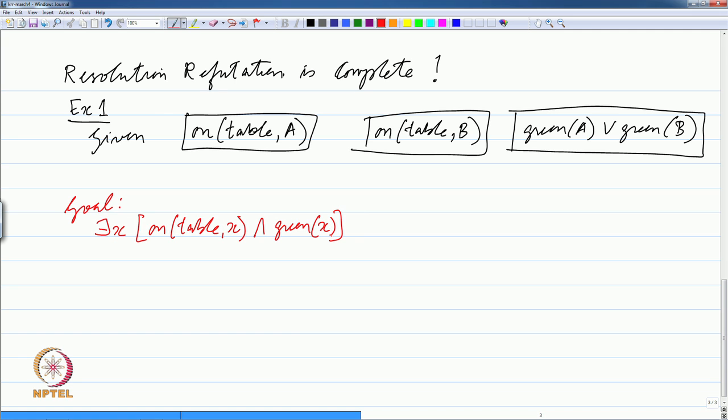So, if you remember the resolution refutation method, we negate it, which means we get this formula, in the original color now, to suggest that this is what you are working with.